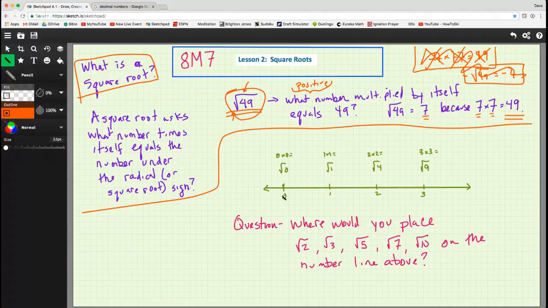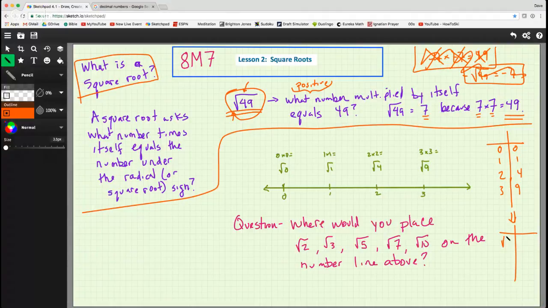So let's just start off, we know that 0 squared is 0, because 0 times 0 is 0. 1 squared is 1. 2 squared is 4. And then 3 squared is 9. Or we could write it a different way.